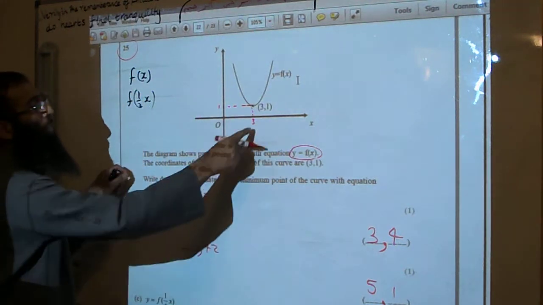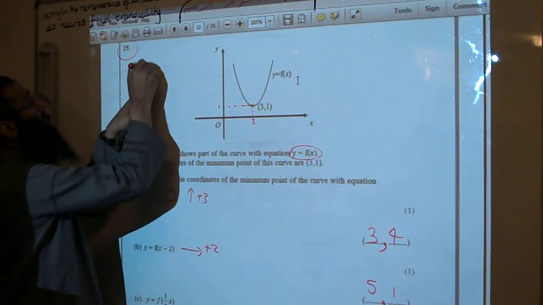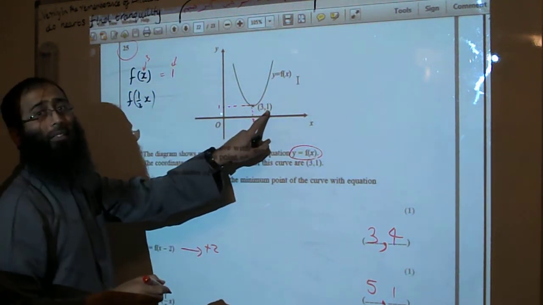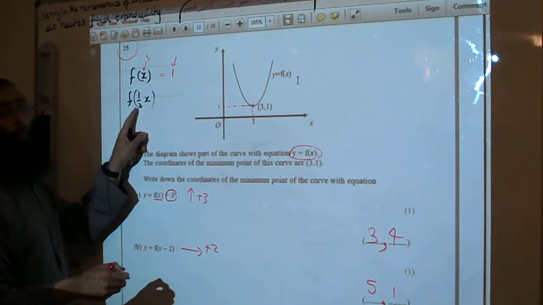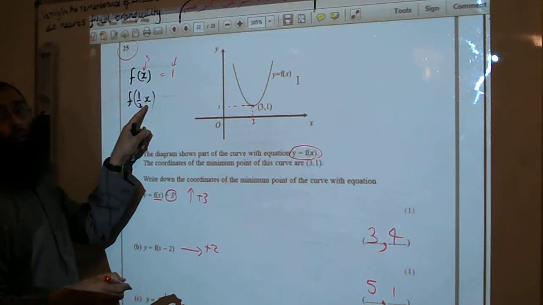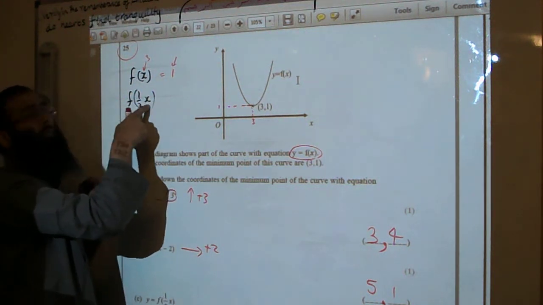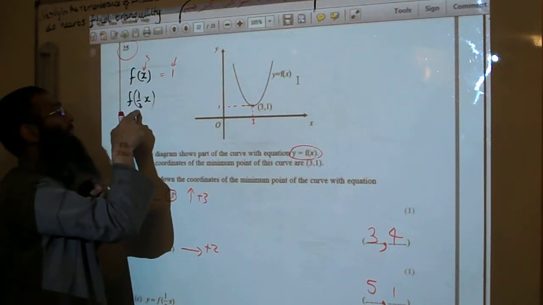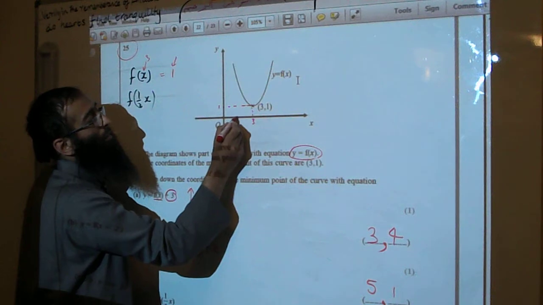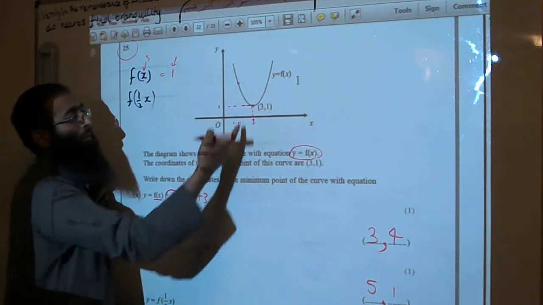Normally when we put 3 into x, f of x, when you put 3 into there, the answer is 1, which is the height, that's the output. Now if I put 3 into here, I won't be working on the function of 3, I'll be working on the function of 1.5, because half times 3 is 1.5. So I'll actually be working out the value of 1.5, which is over here, which won't give me the minimum.